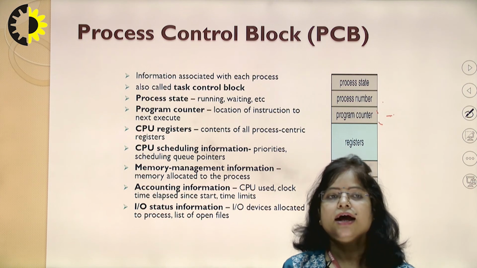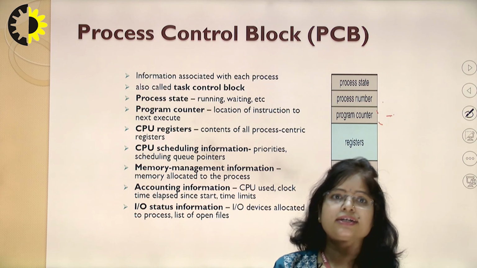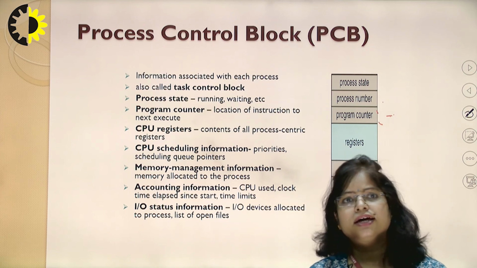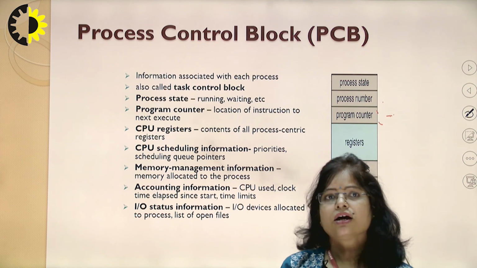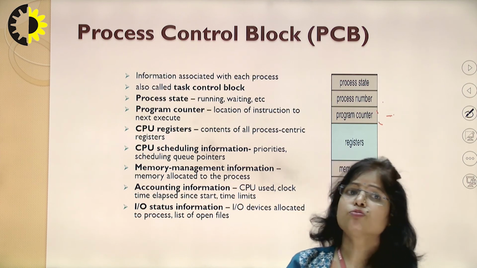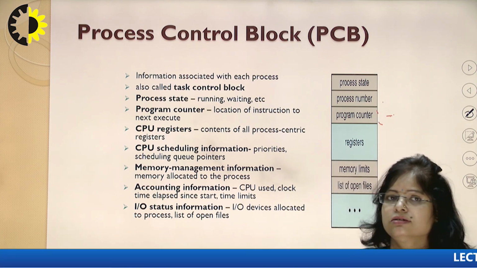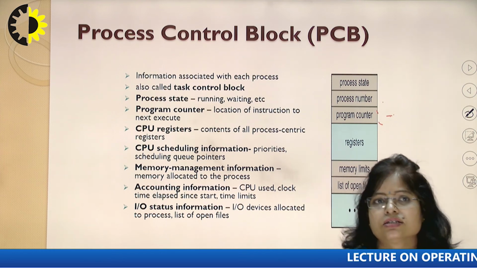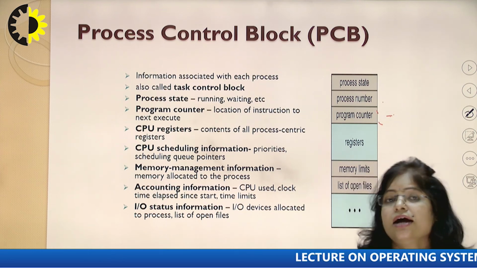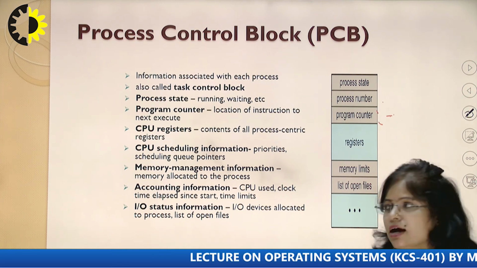Okay, and accounting information: CPU used, clock time elapsed since start, time limits, all this data is mentioned in accounting information. Input output status information. In this block, we write how many input output devices are allocated to the process and the list of files opened.